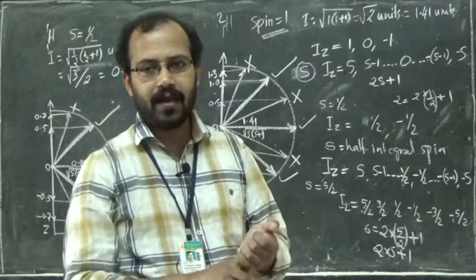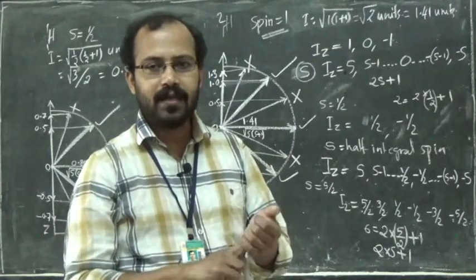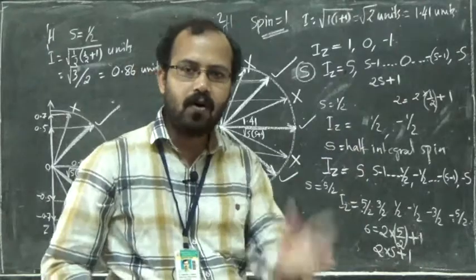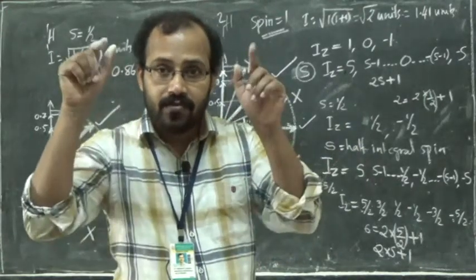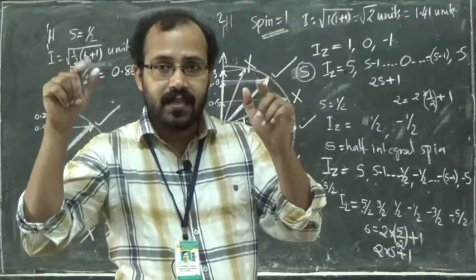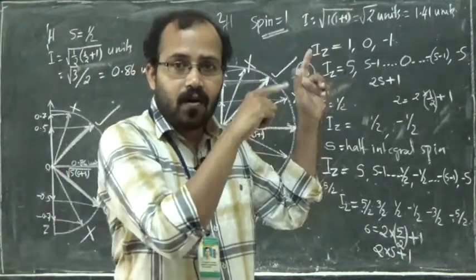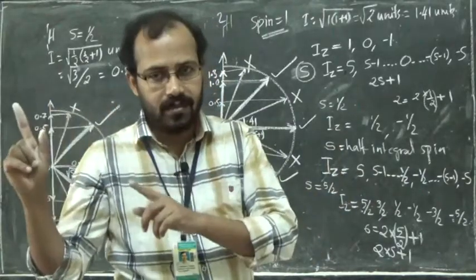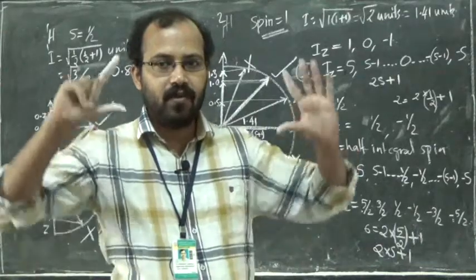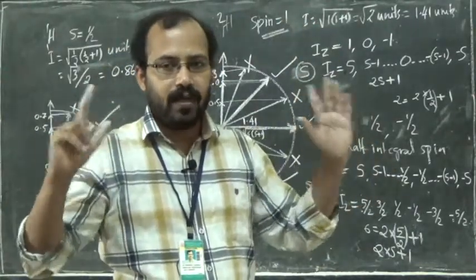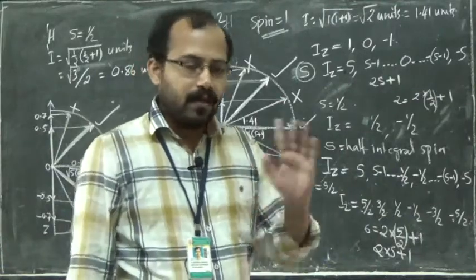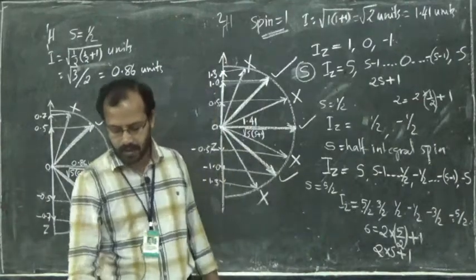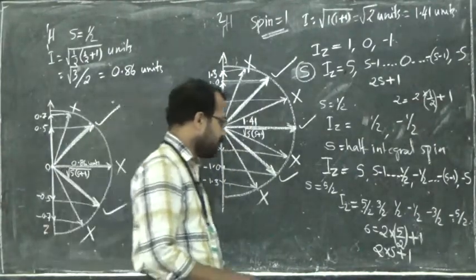The angular momentum can point only in certain directions, for which the component in the reference direction should be all integral values if the spin is an integer, or all the components should be half integral units if the spin is a half integer. That is the quantum mechanical restriction for the orientation of the angular momentum. Now you know this. There are some restrictions for the orientation of the angular momentum. After this, now we can proceed.